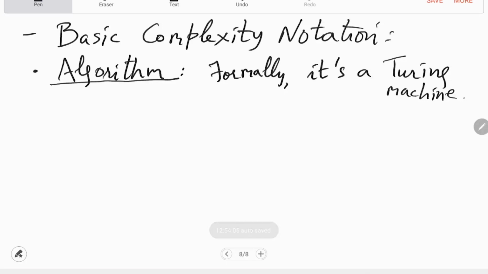okay, so maybe before that, informally what is it? Informally it is a routine that can be implemented on any computer.